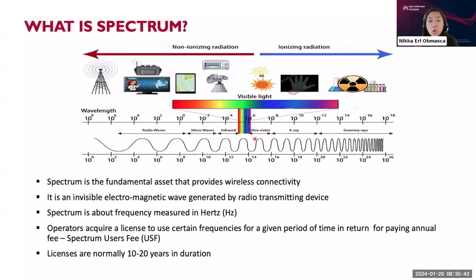For example, we have a piano. In a piano, we have low notes and high notes. The low notes in a piano are like the low frequency waves, while the high notes are the high frequency waves. As you play the piano with the different keys, it's just like the radio waves. And in the radio spectrum, each wave has a different purpose.